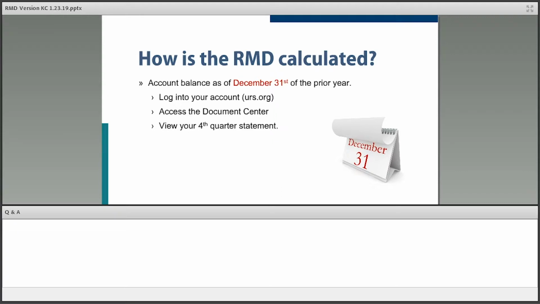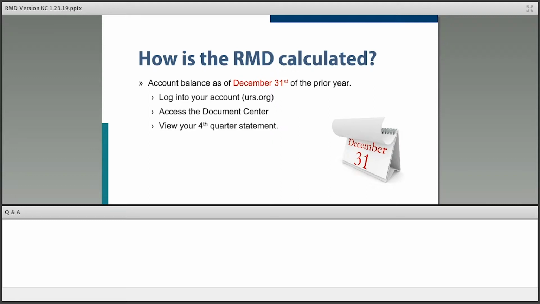How we do that is we take your account balance on December 31st of the prior year. So if we were calculating your minimum distribution for 2019, we would take your account balance on December 31st of 2018.